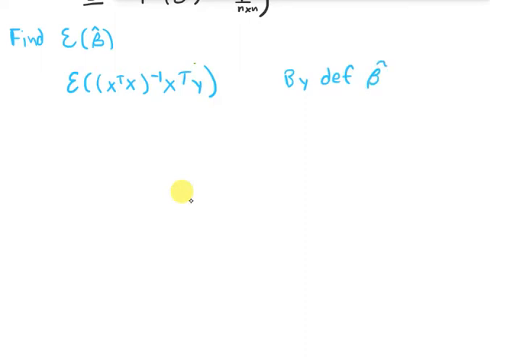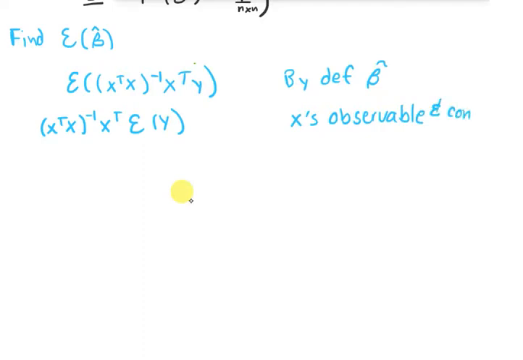This is by definition of beta hat. We know that the X's are observable random variables, so in this case they are actually constant, and we can pull the X's out. We have (X transpose X) inverse X transpose times the expected value of y, because the X's are observable and constant. Although they are random variables, in this case they are constant.